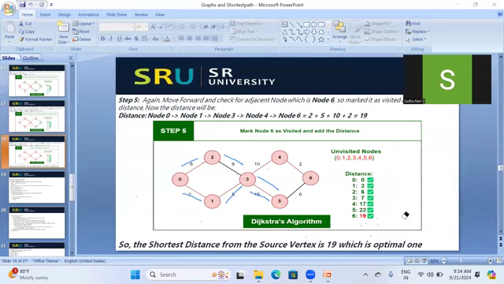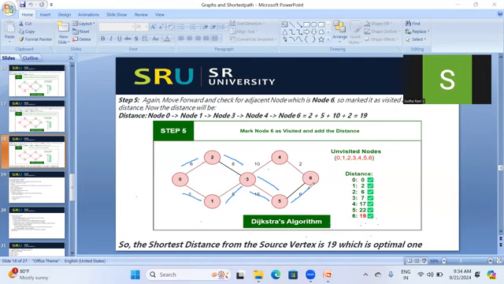Now let's check the remaining one. The last node we have to traverse is the destination node. If you take the same path, here path number 1 has 3 to 5, next 5 to 6.